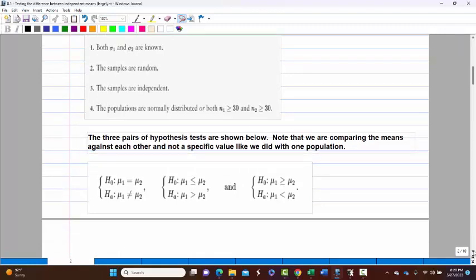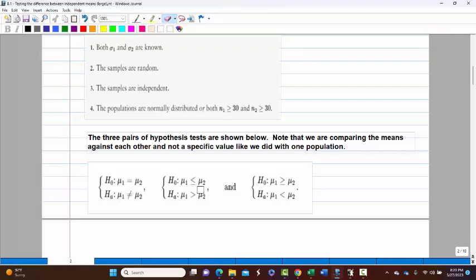I'm not going to do this, but you can actually compare these by specific amounts. For example, you could say mu1 minus mu2 is less than 10 or something. You can compare it to a number, but we're just going to compare them literally against each other. So you see the symbols are the same, but we don't have numbers this time. This would be mu1 equals mu2, and mu1 not equal to mu2 for that two-tailed test.